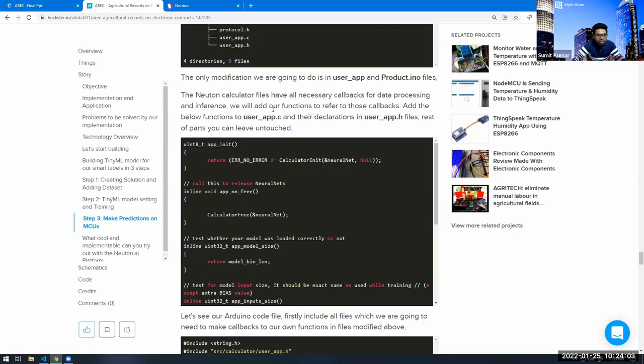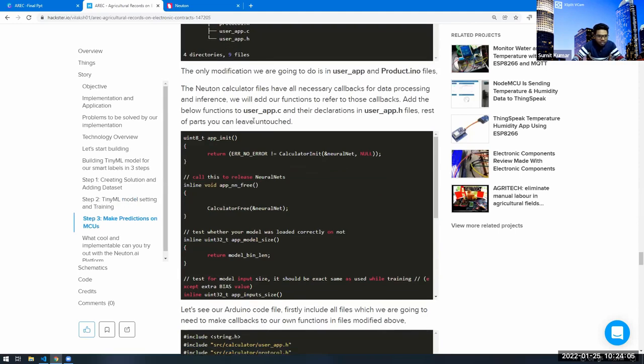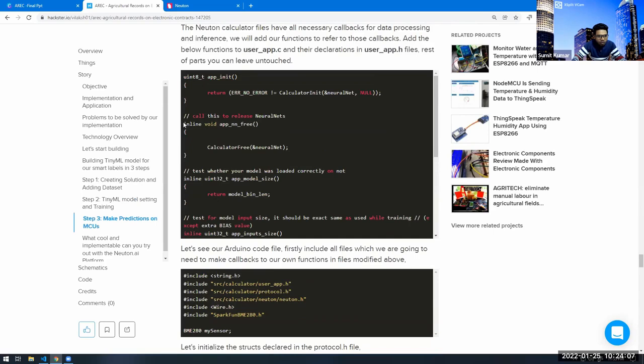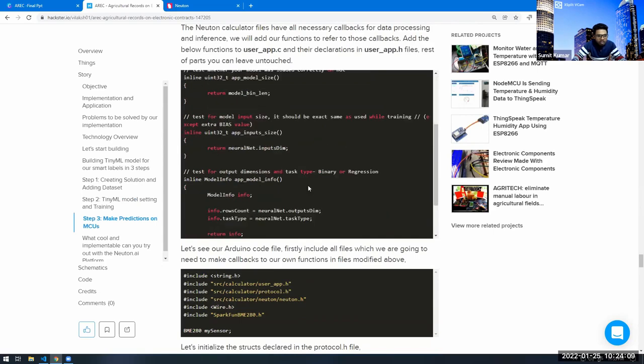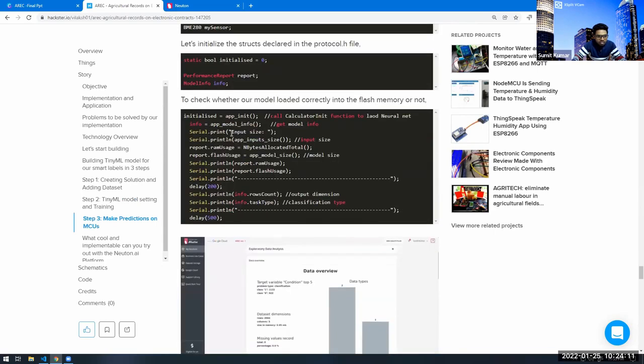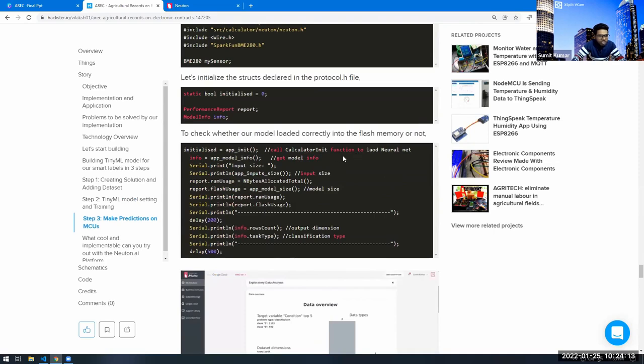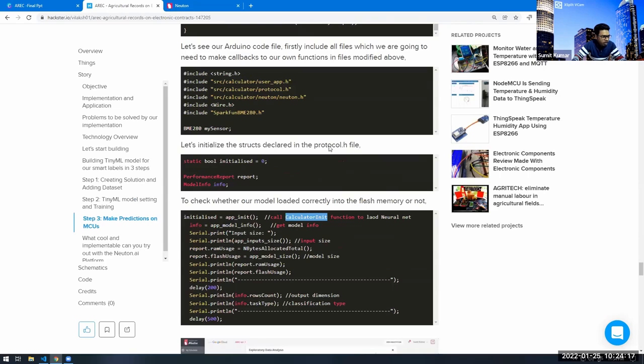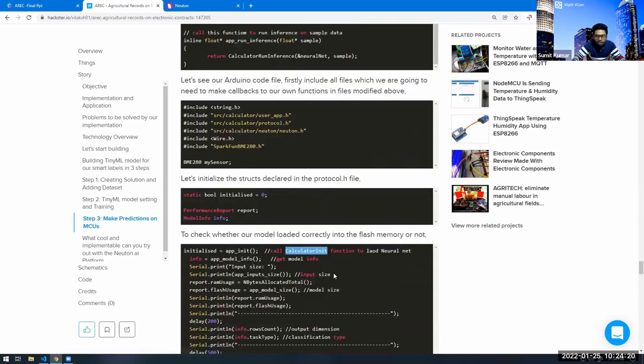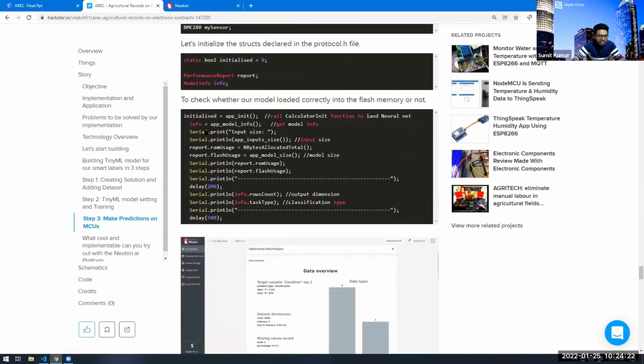So this is how the structure is defined here. We just get the callbacks. First of all, you need to initialize the calculator init function that is going to load your model into the memory, or better to say the flash, and then you get the app model info. We ensure that the model is correctly loaded using these callbacks.